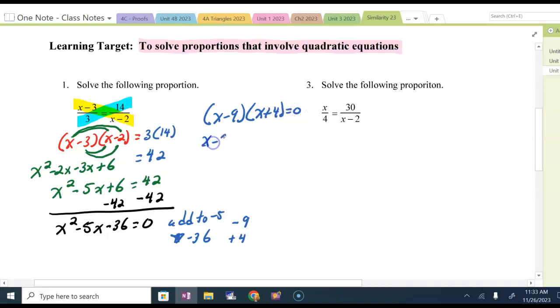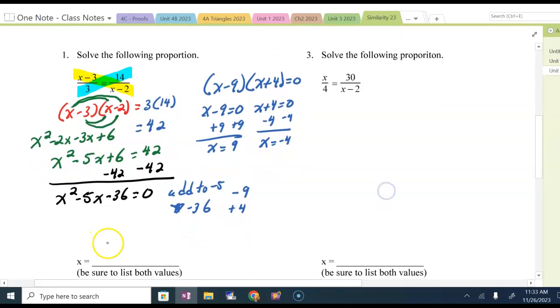We'll set both parts equal to 0. Add 9 to both sides, and we'll get x is equal to 9. Subtract 4 from both sides, and x is equal to negative 4. So there are two answers here, 9 and negative 4.